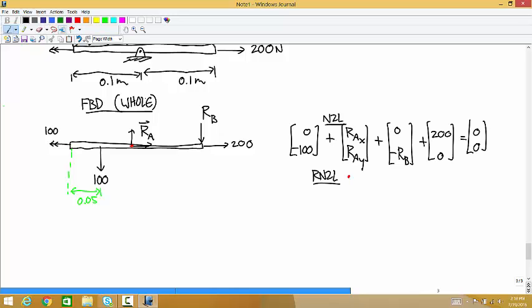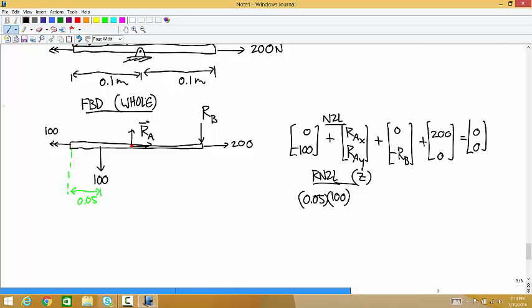Oh, we have to split this up into an x and y component. So first let's do it for z. What's the moment arm of this 100? The downward 100. 0.05 meters, yes, thank you. 0.05 times 100.